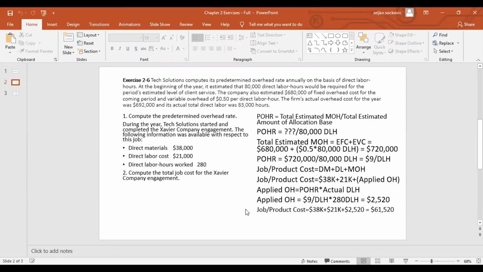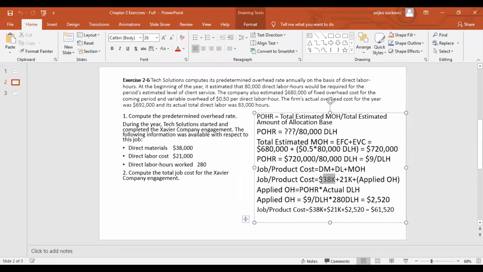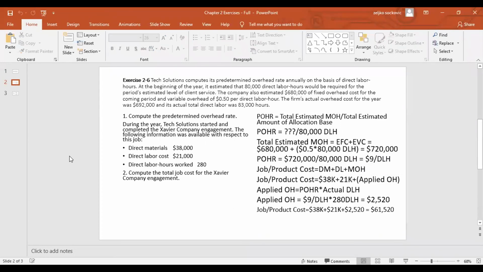You don't need to label it that this is direct materials here and this is direct labor, as long as you can calculate. But it's a good thing to label things because it's easy to get lost. It doesn't cost you anything to label.